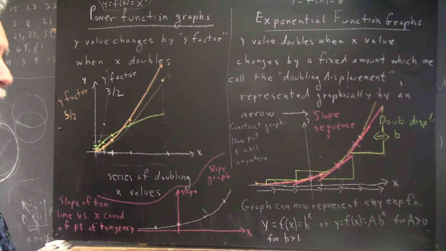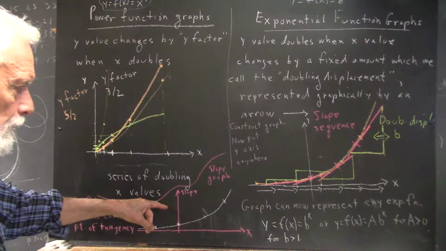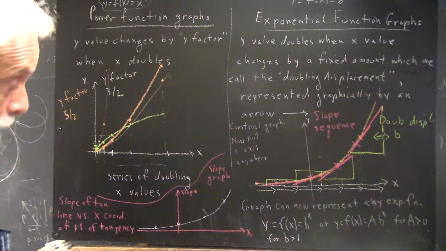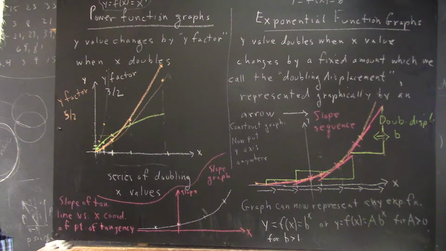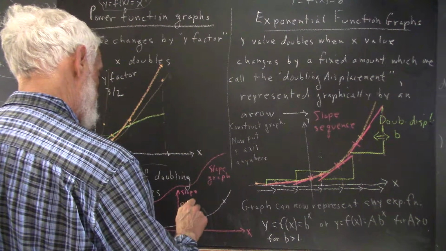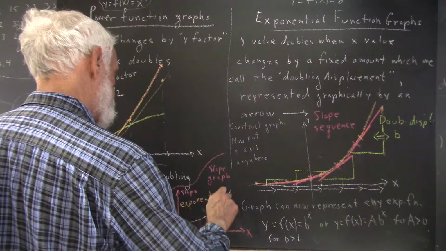There are all kinds of questions around that I don't want to get into right now, but I guess we ask the question: is this slope graph exponential if it's constructed accurately? Is it exponential?